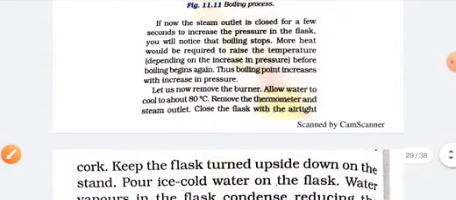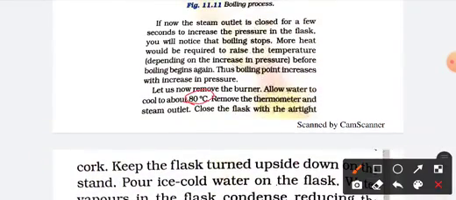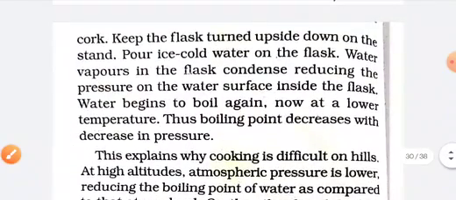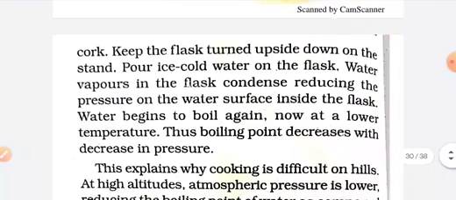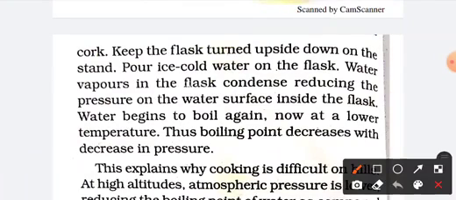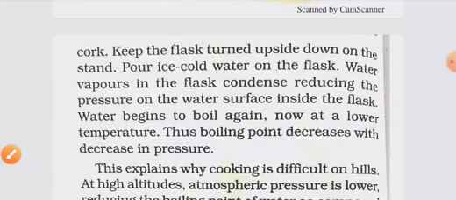Now water started boiling at 80 degrees Celsius. That means if we reduce the pressure, then the boiling point will be reduced. Thus boiling point decreases with decrease in the pressure.